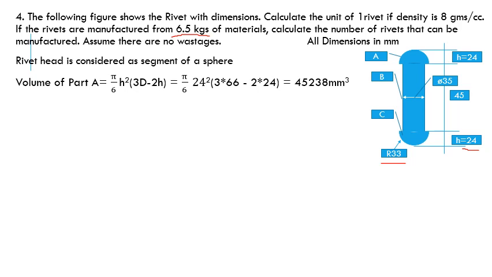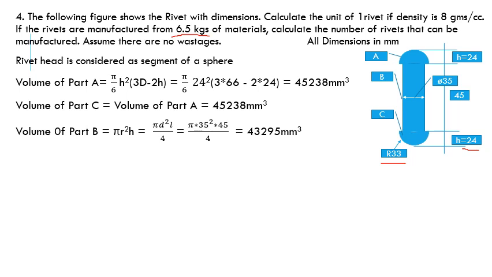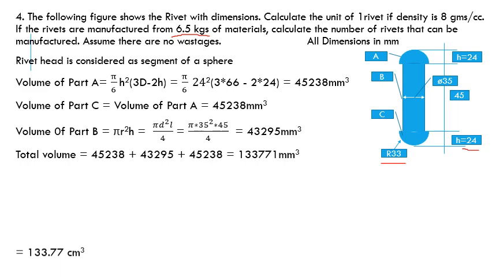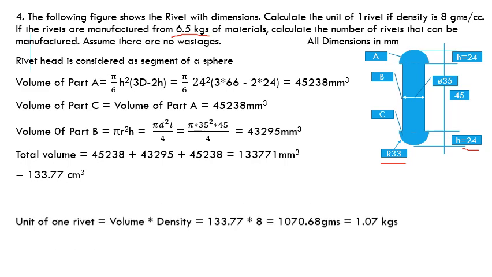Pi by 6 into 24 square multiplied by (3 into 66, because it is d, minus 2 into 24), and I end up with 45238 millimeter cube. So the volume of part C is the same as that of part A, because both are identical. Then part B is a cylinder. I will use the formula pi d square L by 4 or pi r squared h. We can use either of those two. That comes out to be 43295 millimeter cube, and the total volume, converted into centimeter cube, is 133.77 centimeter cube.